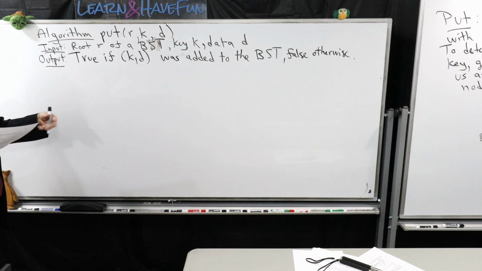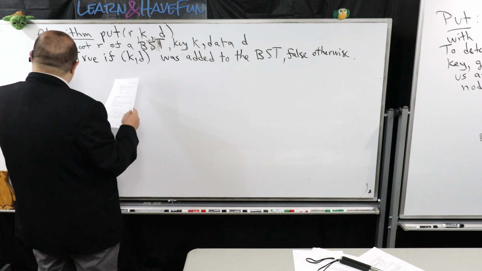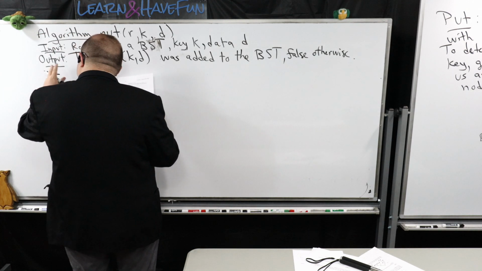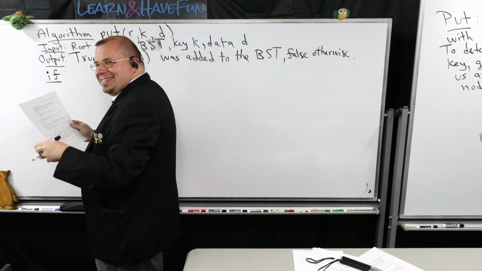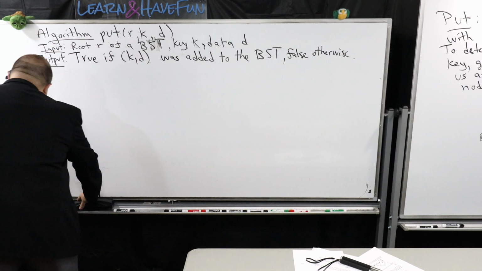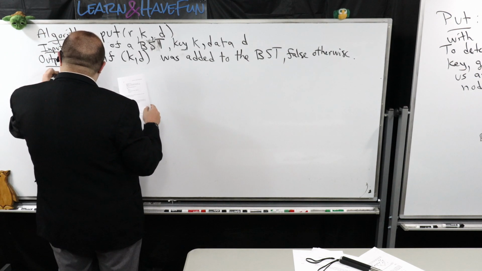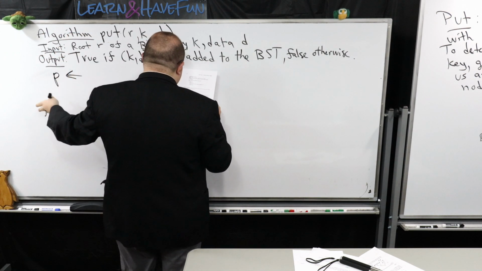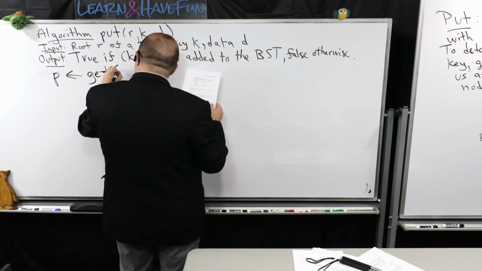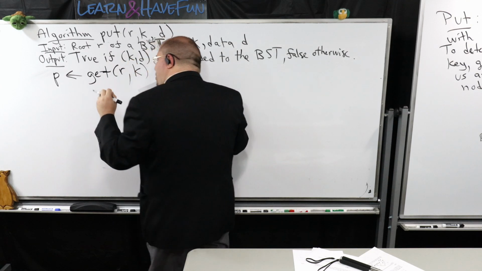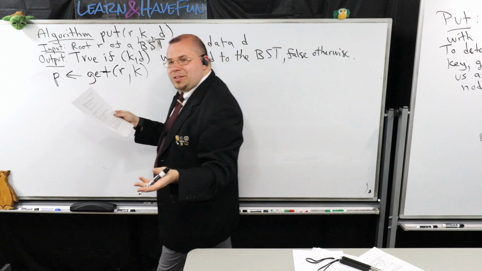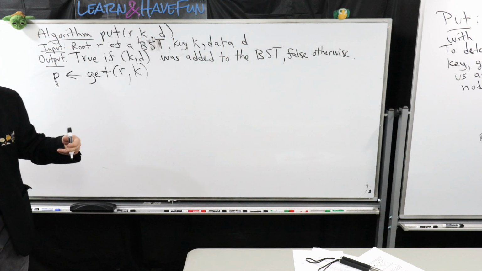You're going to see this is really short because we're going to piggyback off of get. Sorry, actually, we don't even need to check if it's a leaf. Watch this. I'm going to reuse get. I'm going to have a node I'm going to label P. I'll use get with R and K to get the node where it would be, and that will be P. Then all I have to do is ask if P is an internal node.